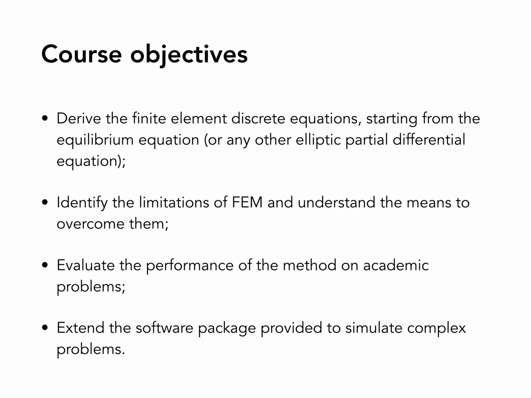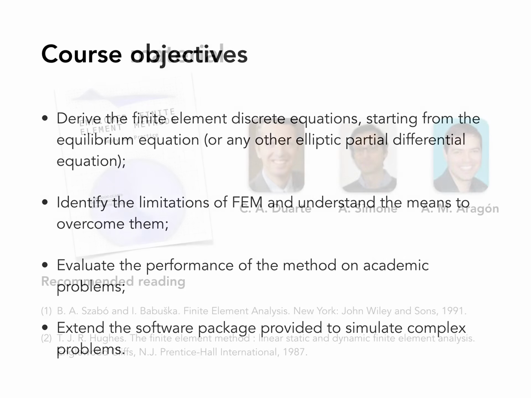And then we're going to be studying this method in very simple academic problems. But of course, the idea is that once you understand what's going on here, then you can apply these same concepts in an industrial setting, like for solving a real finite element problem. Okay? And I will be giving you a finite element program in Python that you will actually use to extend to solve other problems. So these are the 4 core objectives.